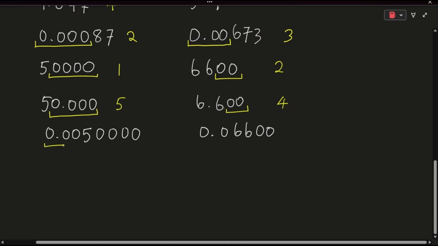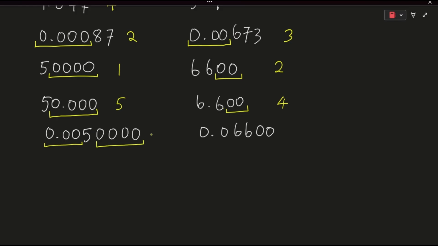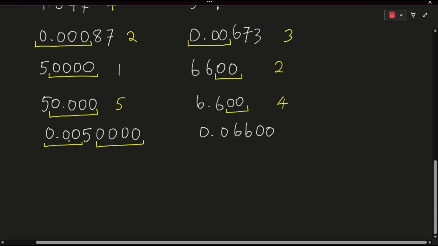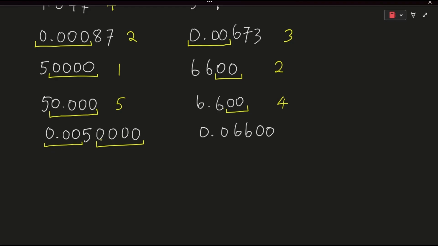We have 3 leading zeros over here and 4 trailing zeros over here. But with trailing zeros, it depends whether there is a decimal point in the figure or not. Once there is a decimal point, trailing zeros are considered to be significant. And so for this value, 0.0050000 has 5 significant figures.